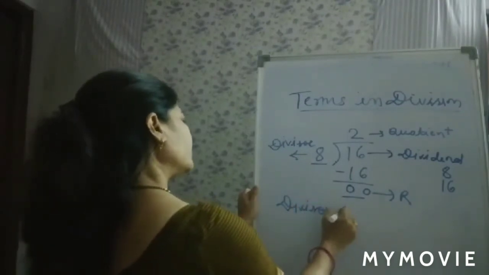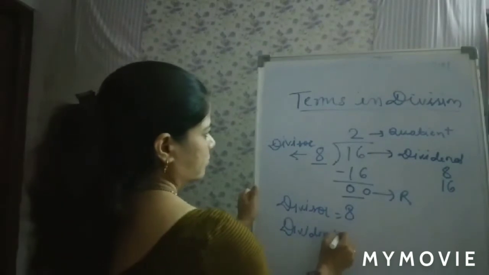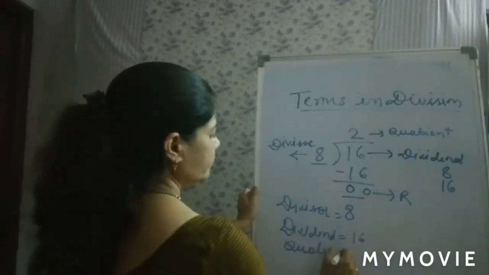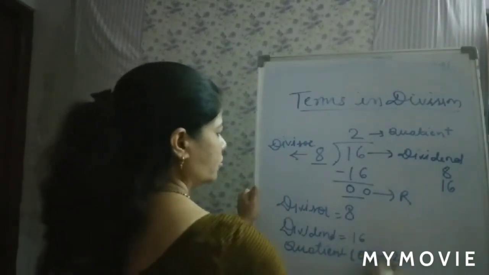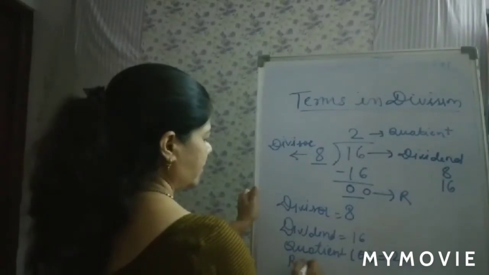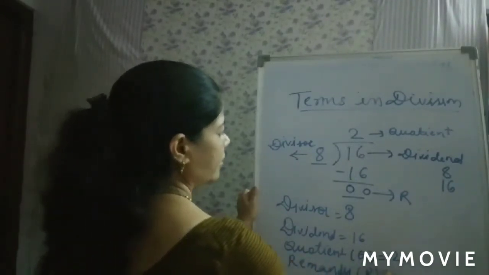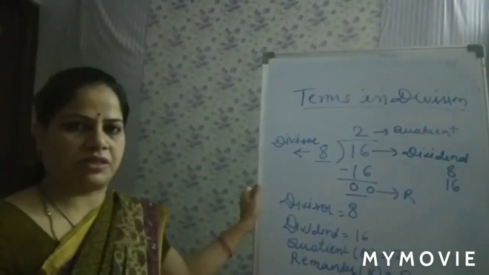Divisor 8, dividend 16, quotient you can represent by Q is 2, and remainder you can represent by R is 0. So these are the terms in division.